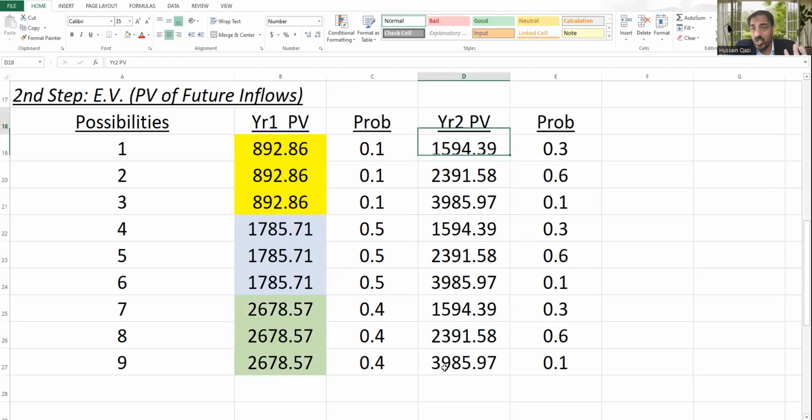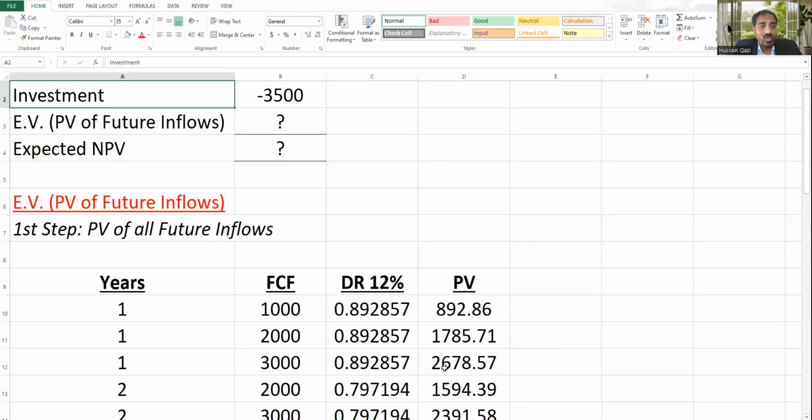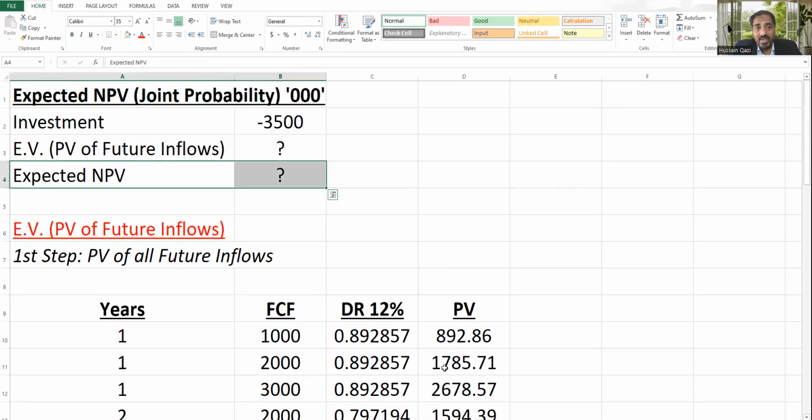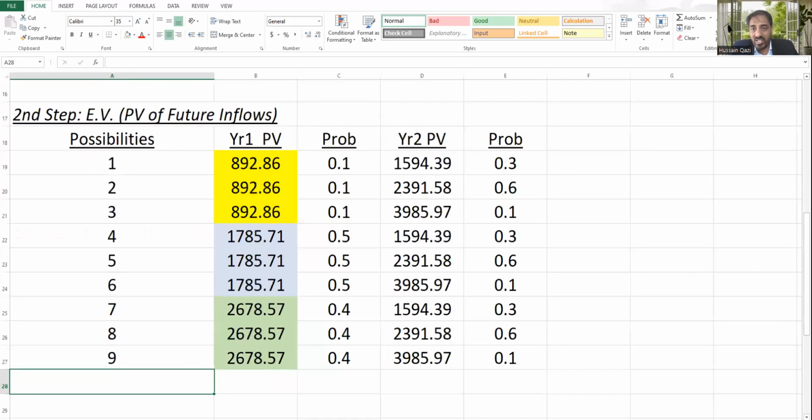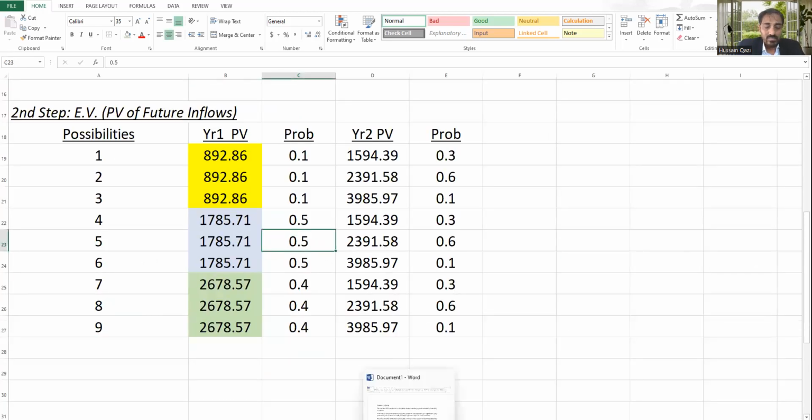Do remember that. We need to calculate the expected NPV by incorporating year 1 and year 2 present value of the future cash flows, but incorporating the joint probabilities. That means we need to incorporate year 1 and year 2 present values by incorporating joint probabilities.